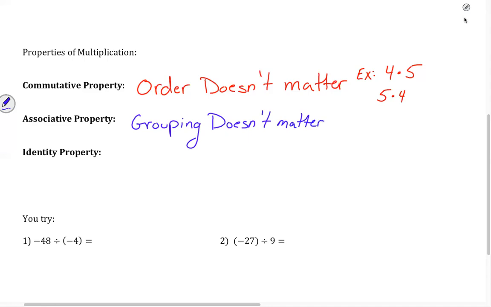So an example of that would be 2 times 3 times 4. Okay, let me show you what I mean here. Here, 2 times 3 is 6, times 4 is 24. Or I could do 4 times 3 is 12, times 2 is 24.